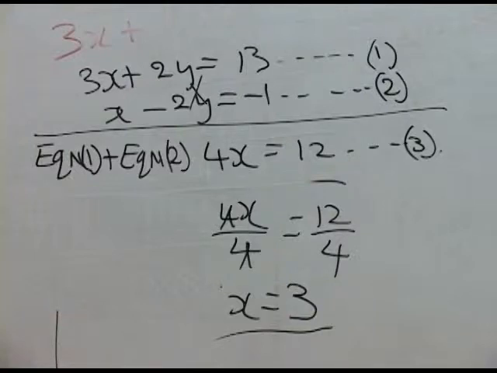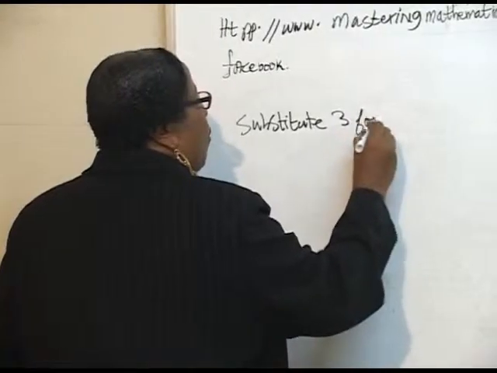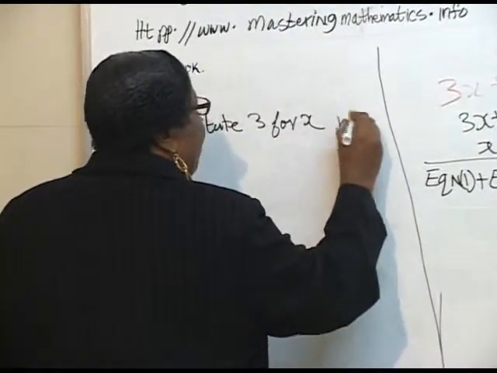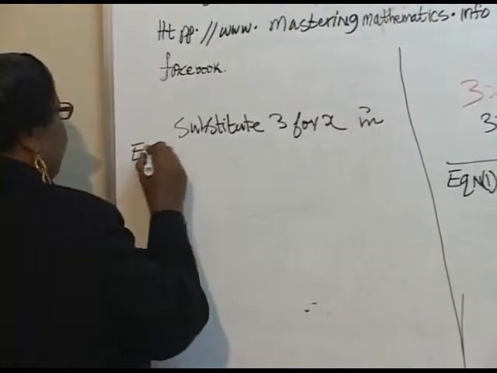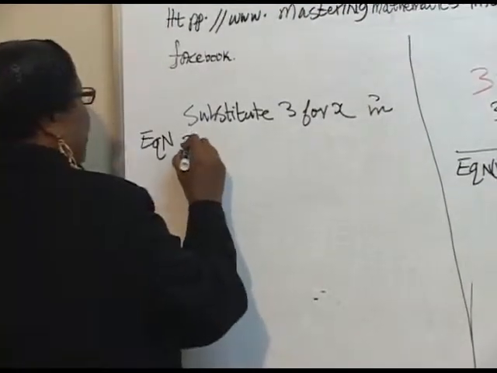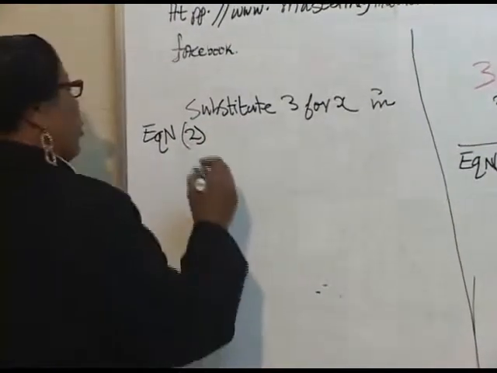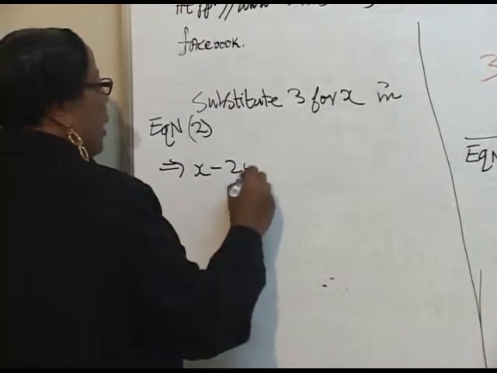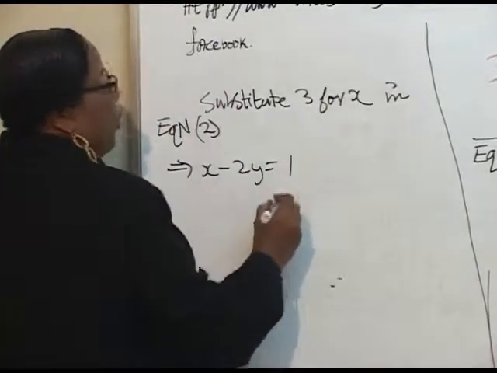And we are going now and saying substitute 3 for x in equation 2. We're going to use equation 2. So that is x minus 2y is equal to -1.